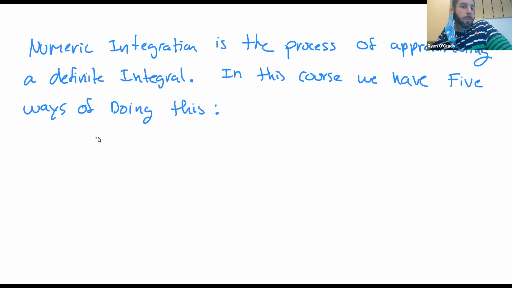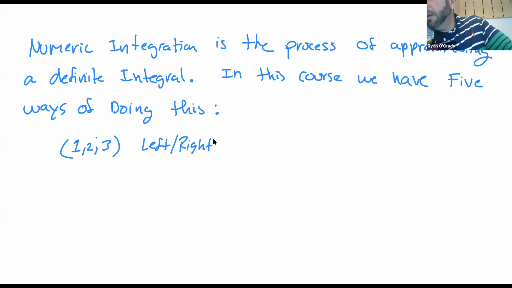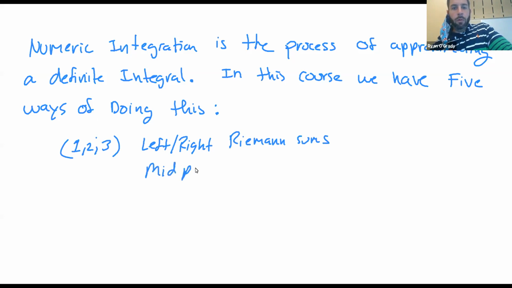I'm going to group them in a couple different classes. I'm going to call the first ones 1, 2, and 3, and these are the left and right Riemann sums and what we're calling the midpoint rule.